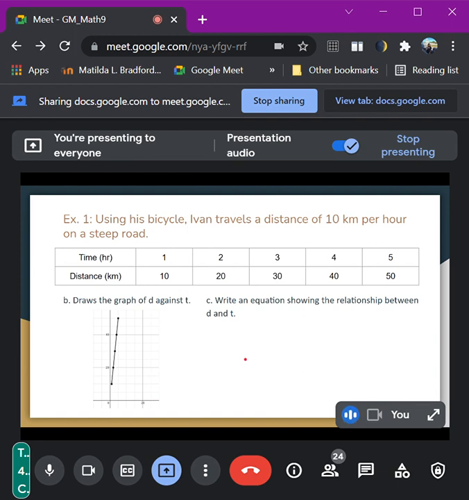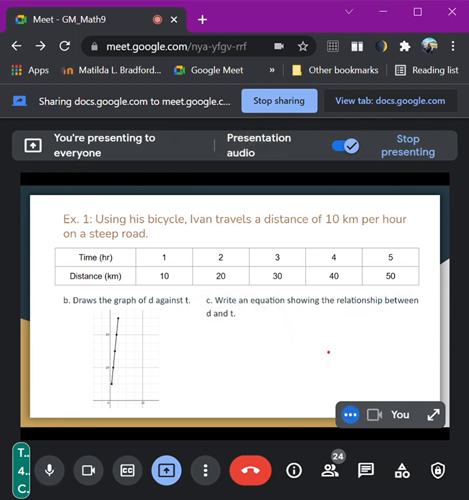So, di ba, we had a while ago, nga niingon man ta sa ang A nga directly proportional ang ato ang D sa ato ang T because na siya constant nga 10. Since naa man siya constant nga 10, class, we can already make an equation there.